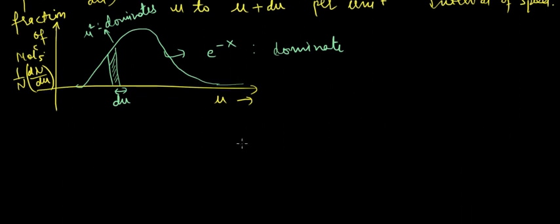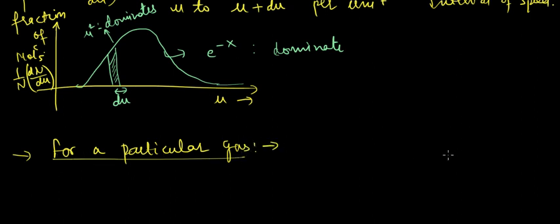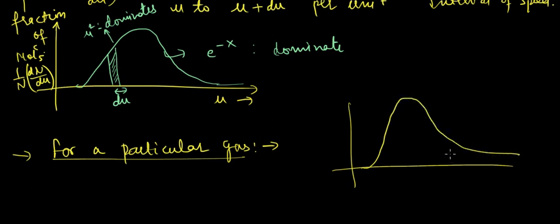Okay, so for a particular gas we can represent the graph something like this. And for another one it can be something like this.